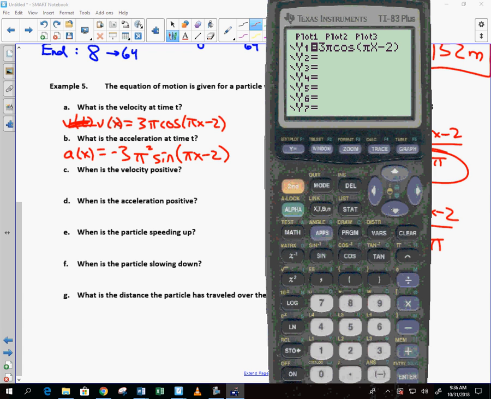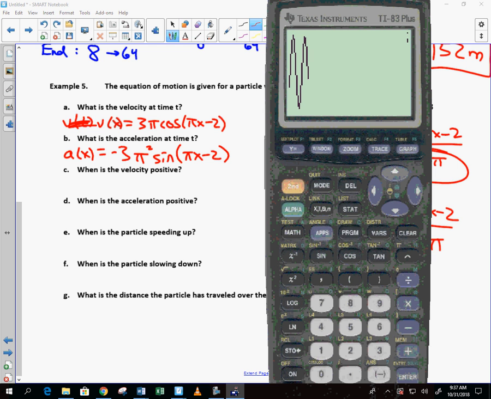And then I'm going to go down to y sub 2, and I'm going to type in the negative 3 pi squared sine pi x minus 2. I'm going to choose to just look at the very first one.